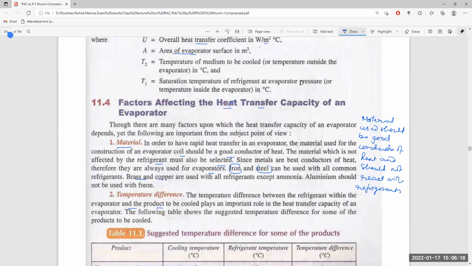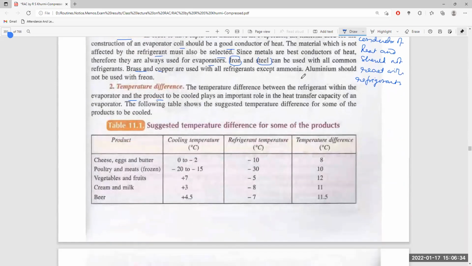The following table shows the suggested temperature differences. For cheese, eggs and butter, the cooling temperature should be 0 to -2, and the refrigerant temperature should be -10. So the difference should be 8 degrees centigrade.